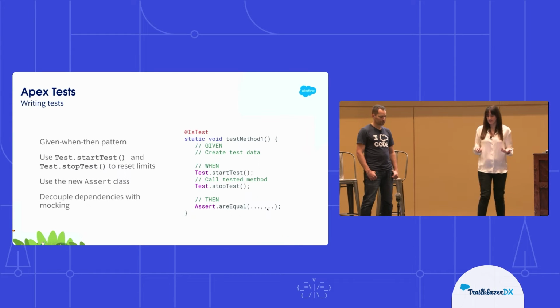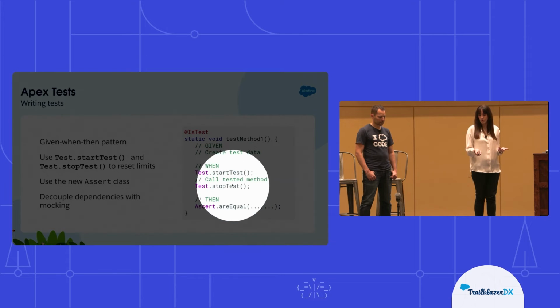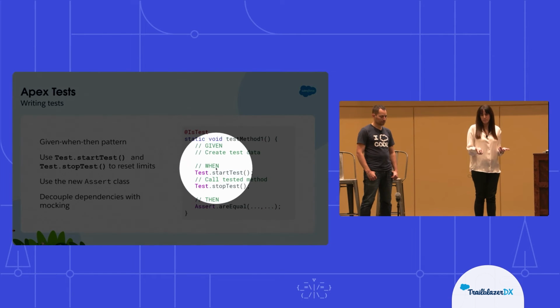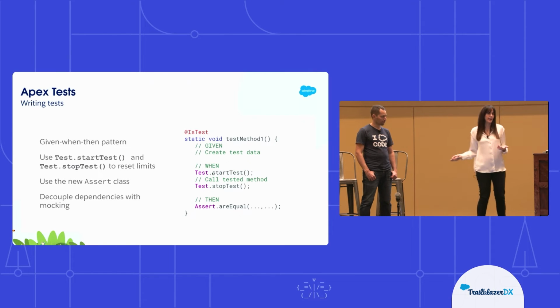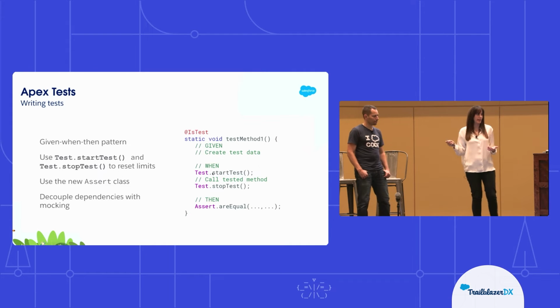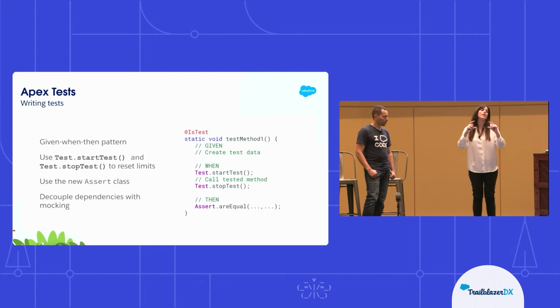It is a best practice to enclose your tested method call between Test.startTest and Test.stopTest, because these 2 methods are going to first reset the governor limit count so that it starts right before calling your method.